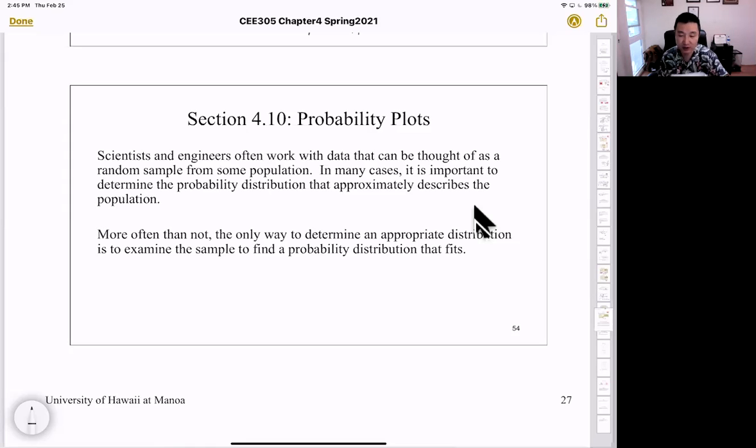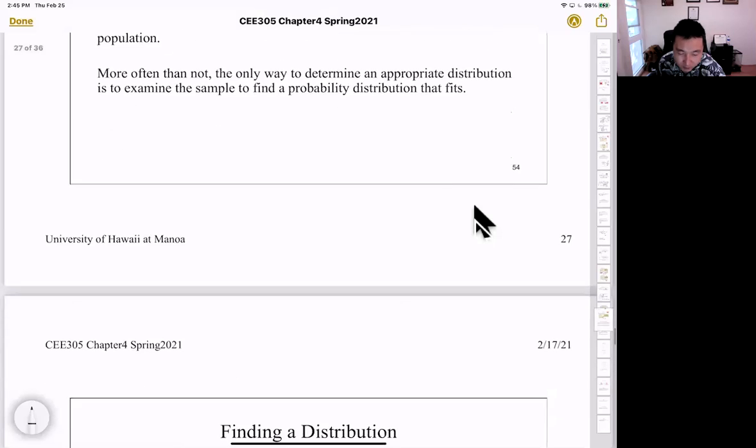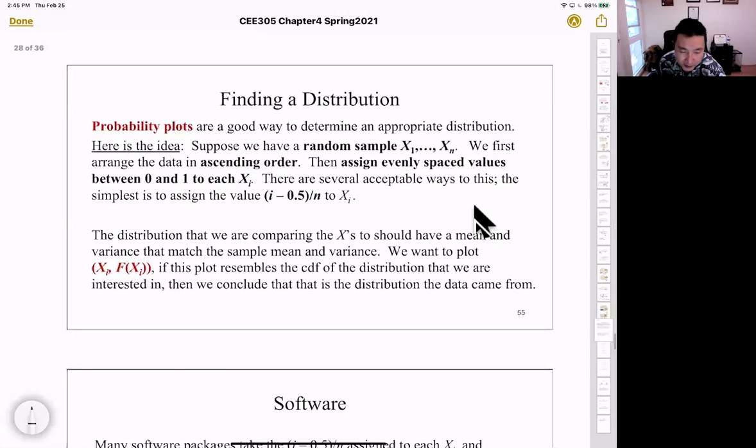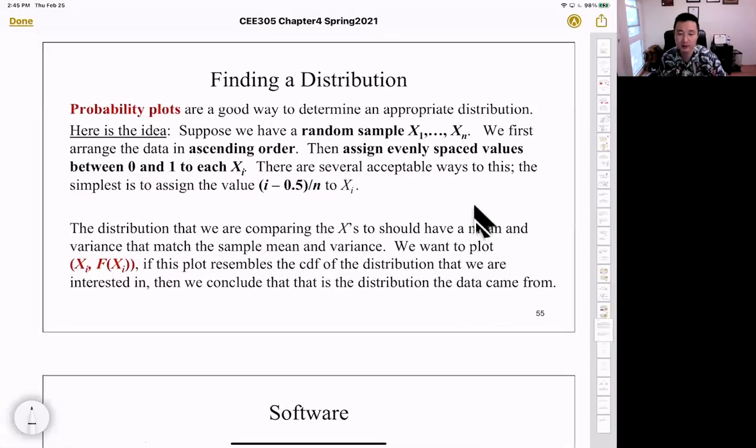For example, if we get a sample of 10 values and want to check if it follows a normal distribution, how can we determine that? We can use so-called probability plots.